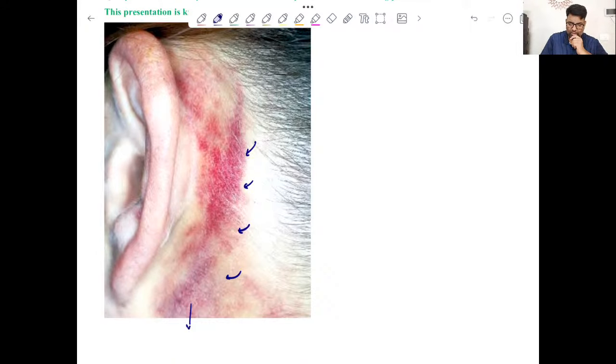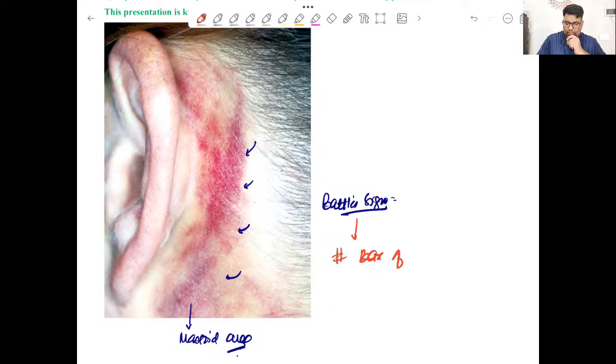Okay, so this is all mastoid area. So this is the Battle's sign, and I think most of you must be knowing what Battle sign is. It is fracture base of skull, especially middle cranial fossa.